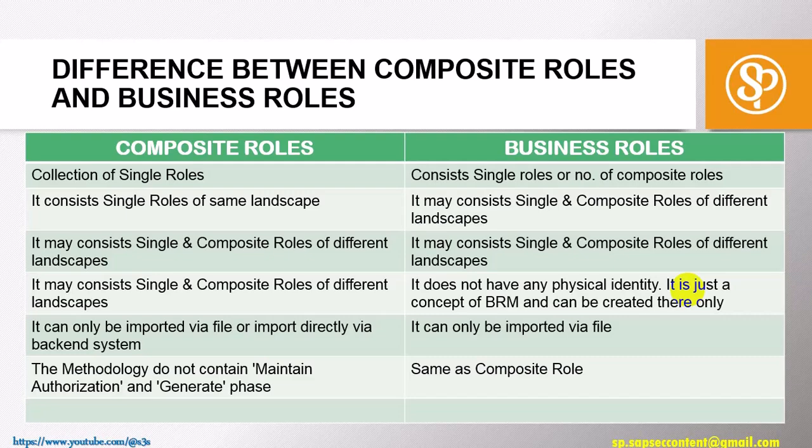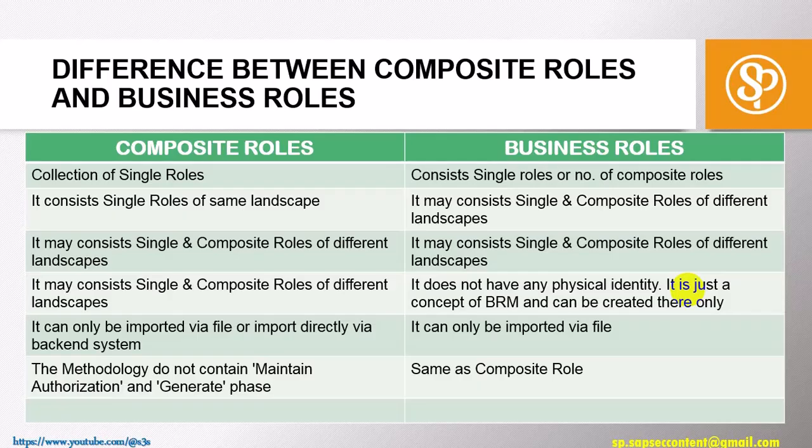It can be imported as a file into our backend system, but only as a file for the business roles. Role methodology does not contain maintain authorization. Maintain authorization is at the single or derived role only, for the role methodology steps, whereas a composite role is just a collection of single roles.